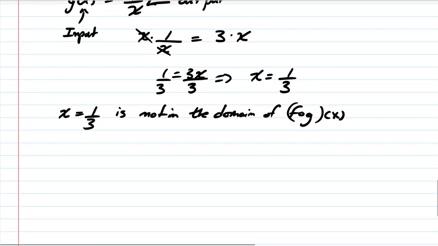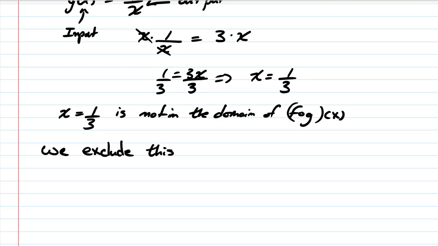So then we exclude this value from the domain in step 1.